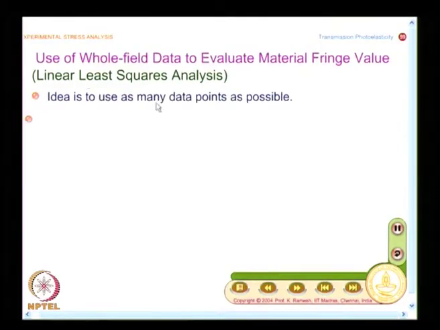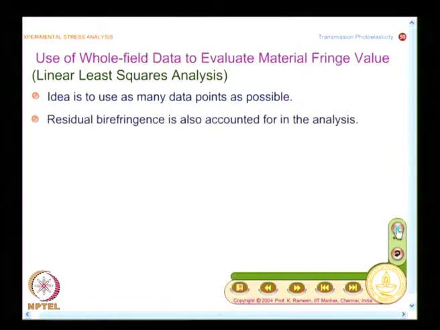Because I record a whole field information, why not I use the whole field information? That is the focus, and you have that given as method of linear least squares, and we want to use whole field data to evaluate material stress fringe value. In this case, the resulting equations are essentially linear, and I call this linear least squares analysis.